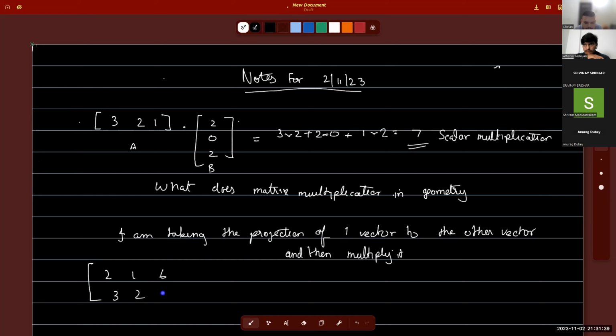Is this statement correct, Atharva, that I'm taking the projection of one vector to the other vector and then multiplying it? Yeah. What are we multiplying it by? I don't know.